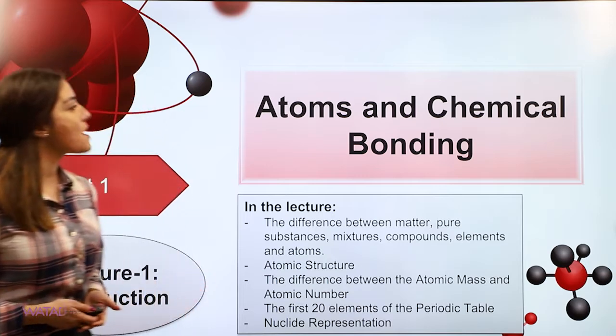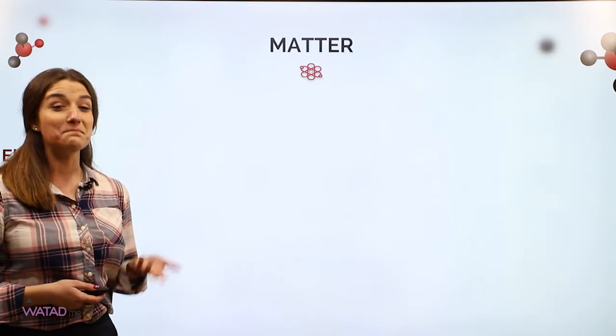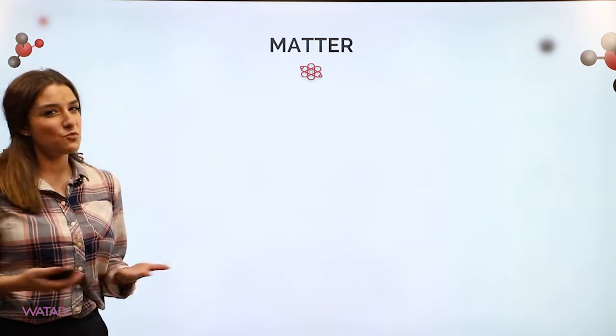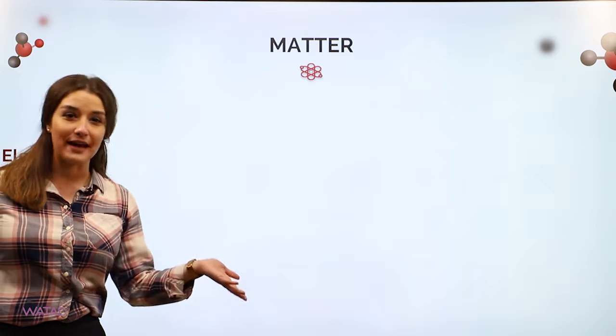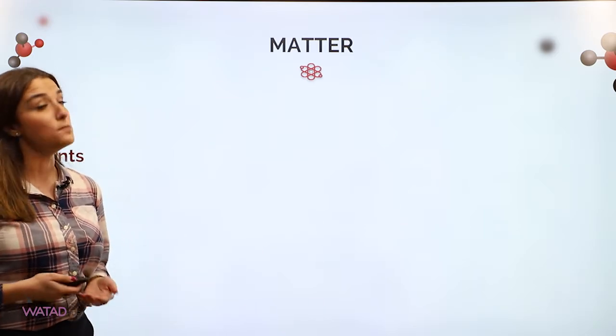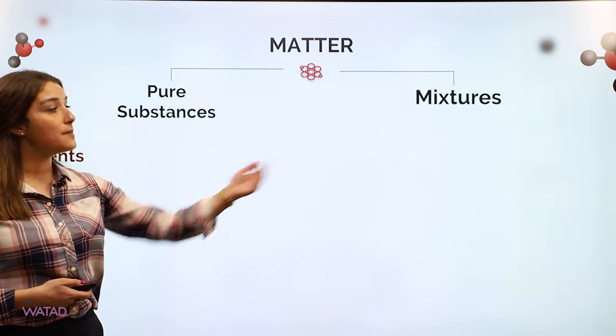We're going to start from a basic idea, which is trying to recall what we mean by matter. When we talk about matter, we always define it as everything around us. But everything around us can be classified into two main groups, which are pure substances or mixtures.